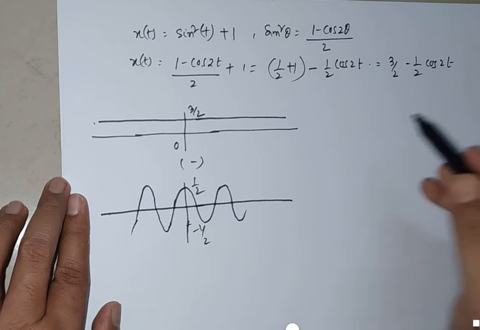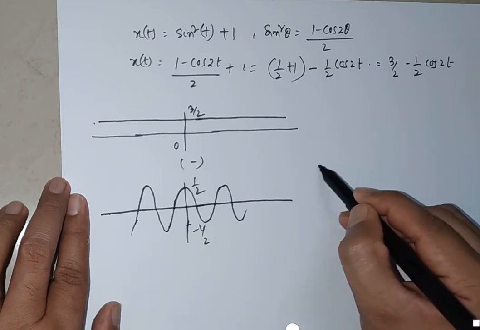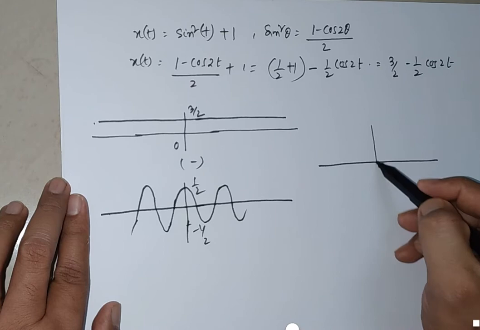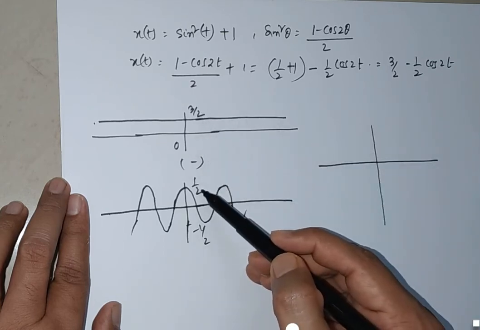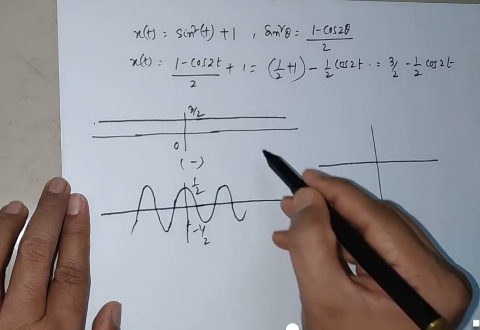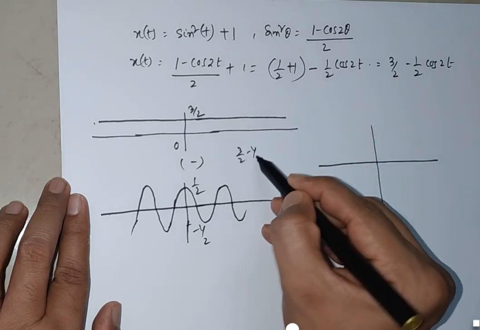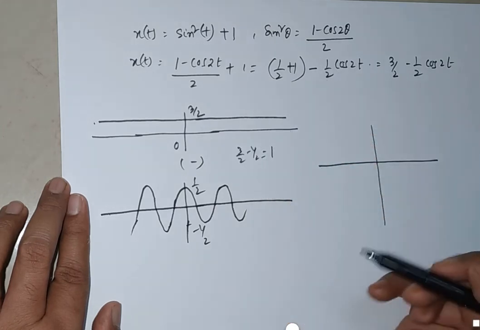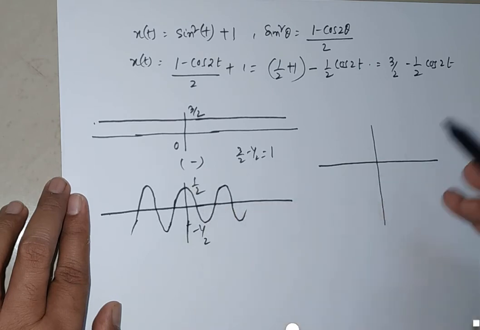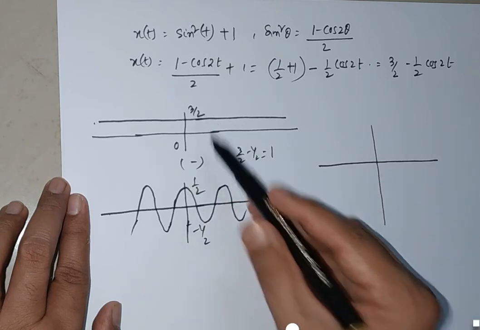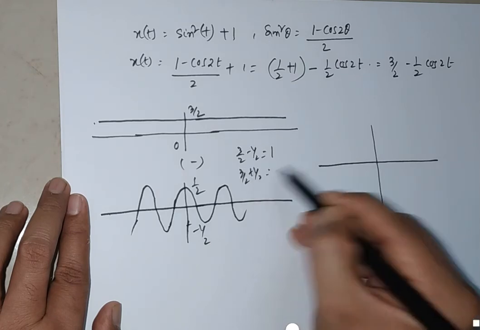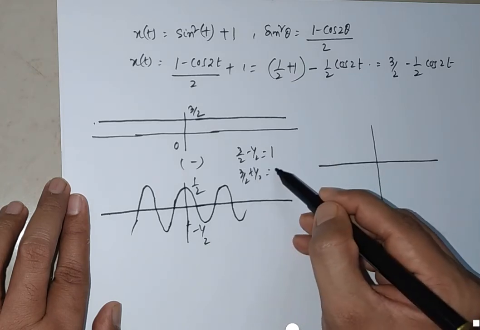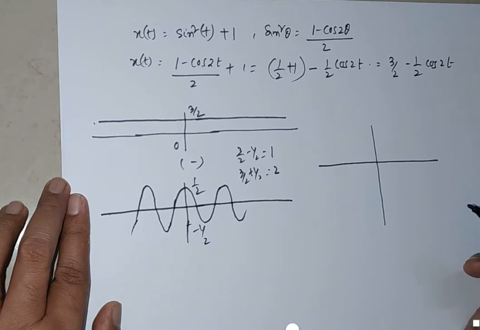Now see this 3 by 2 minus 1 by 2. So how much are you getting? 3 by 2 minus 1 by 2 means it's 1. Clear? And similarly 3 by 2 minus of minus 1 by 2 means 3 by 2 plus 1 by 2. Then what are you getting? It is 2.